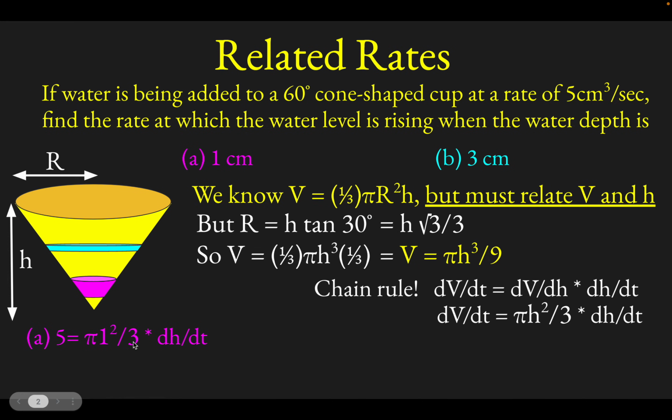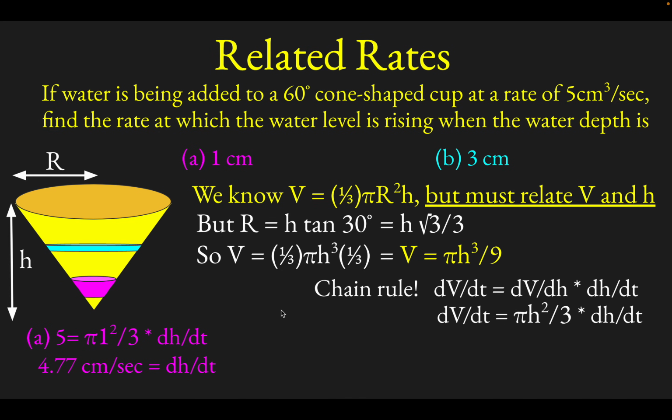And so if we solve for dH/dt, I'd multiply the 3 over, you'd get 15 over pi. 15 over pi happens to be about 4.77. So that's the rate at which the level is instantaneously growing when this thing happens to be 1 centimeter high.